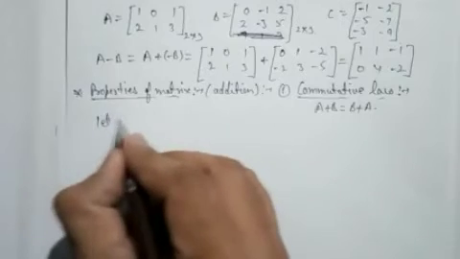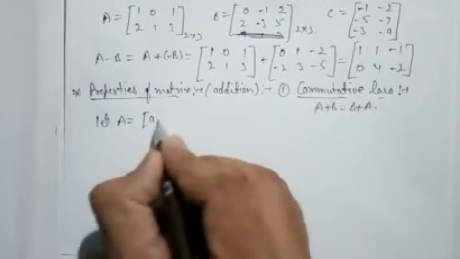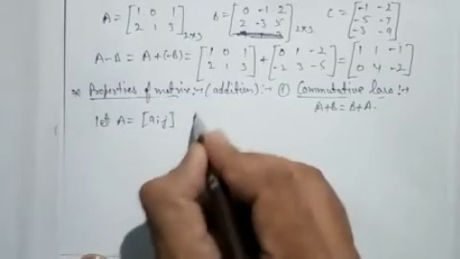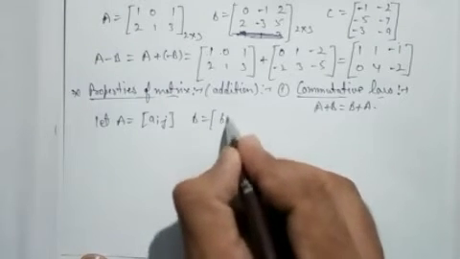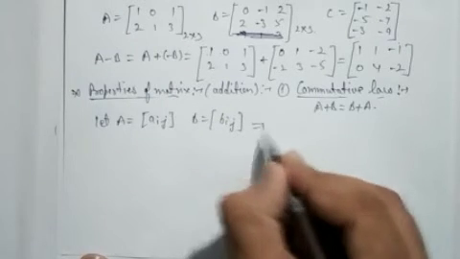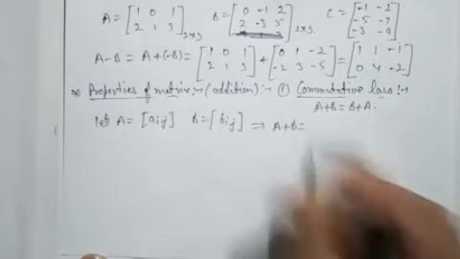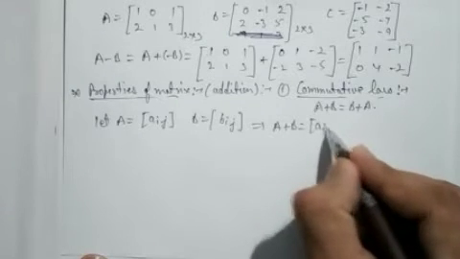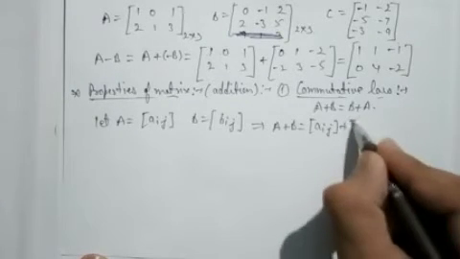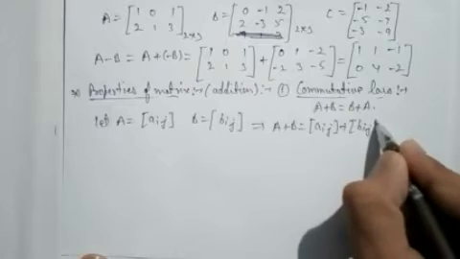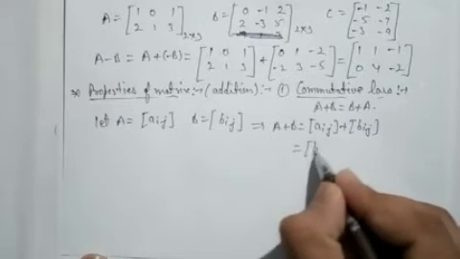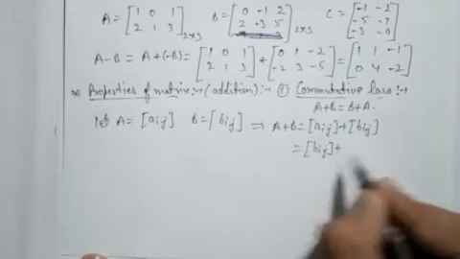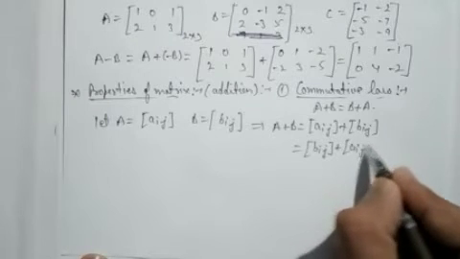Let me take A equals Aij, B equals Bij. So A plus B is Aij plus Bij. We can write it as Bij plus Aij.